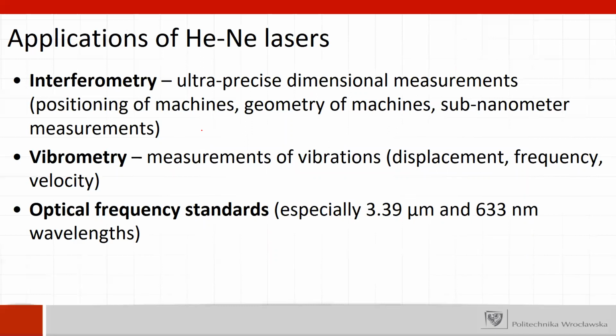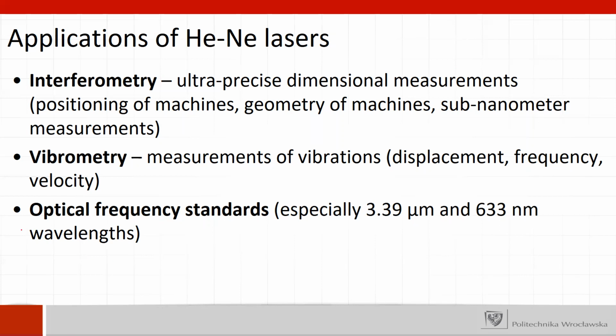That's why HeNe lasers are used in various aspects of metrology, like interferometry, very precise measurements of dimensions of objects, positioning of machines, geometry of machines, sub-nanometer measurements of displacements, and vibrometry, so measurements of vibrations. For example, we can measure the frequency of vibrations of objects, the velocity, and the direction of movement.